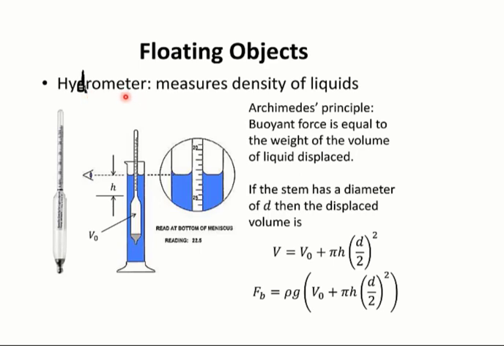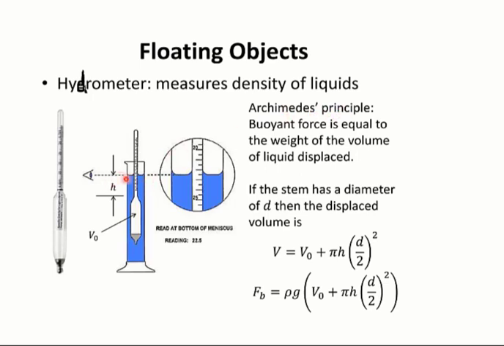So how does it work? The liquid of which you want to measure the density, you take that in a measuring cylinder, and then you put this hydrometer in it. As the hydrometer goes into the liquid, there will be some buoyant force due to Archimedes' principle, right?